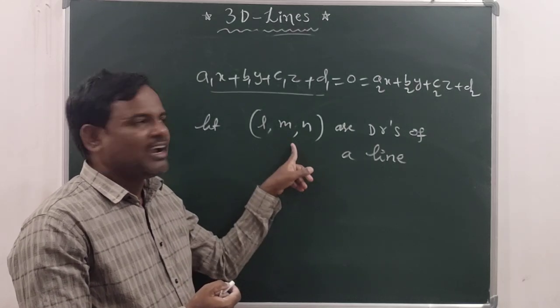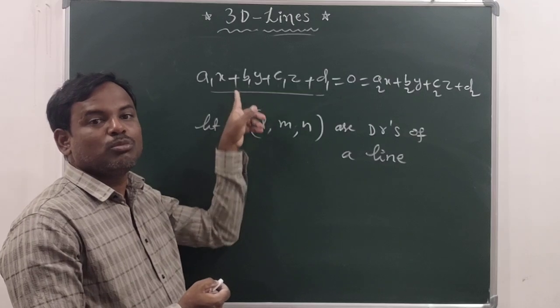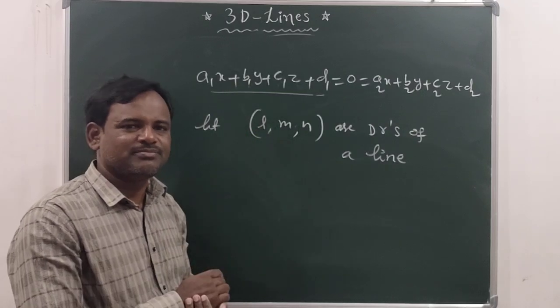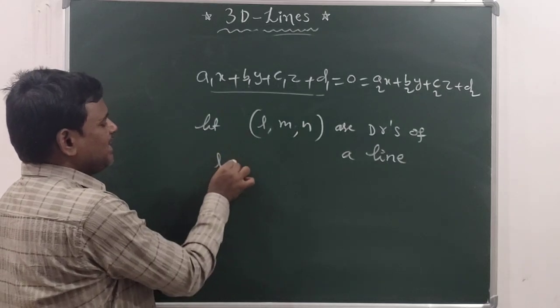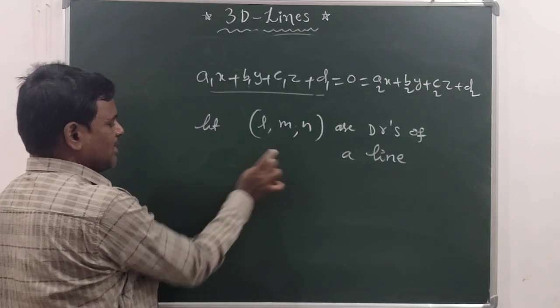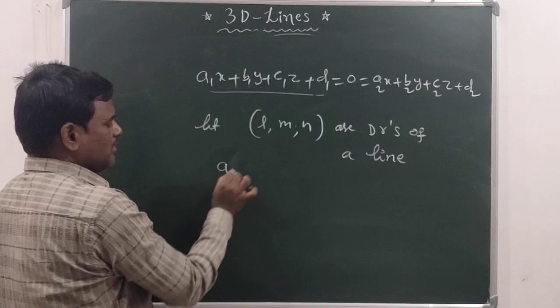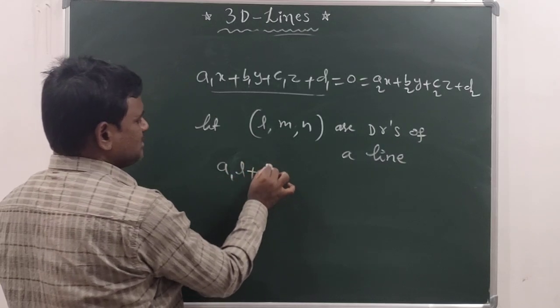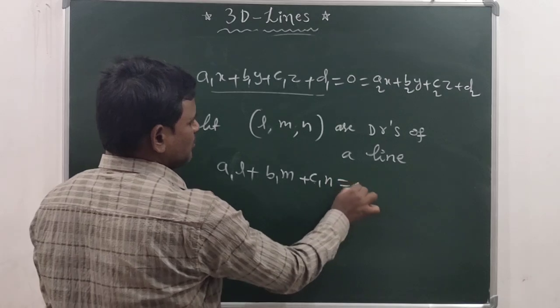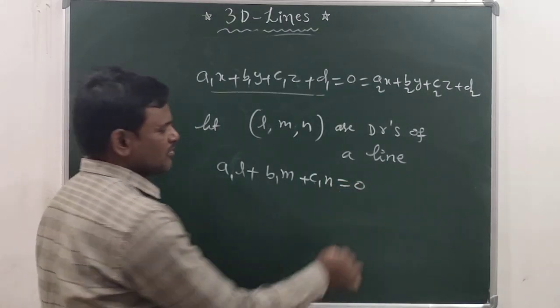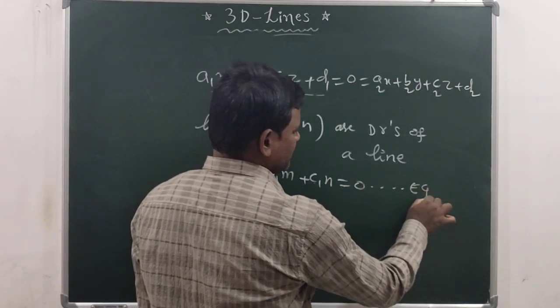This line and this normal, both are perpendicular to each other. Both are perpendicular to each other means a1l plus b1m plus c1n is equal to 0. Let it be equation 1.